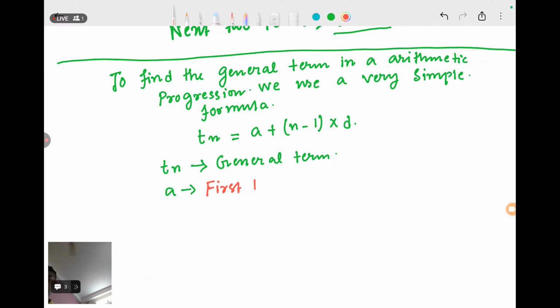Then what is d denoting? d is denoting the common difference.